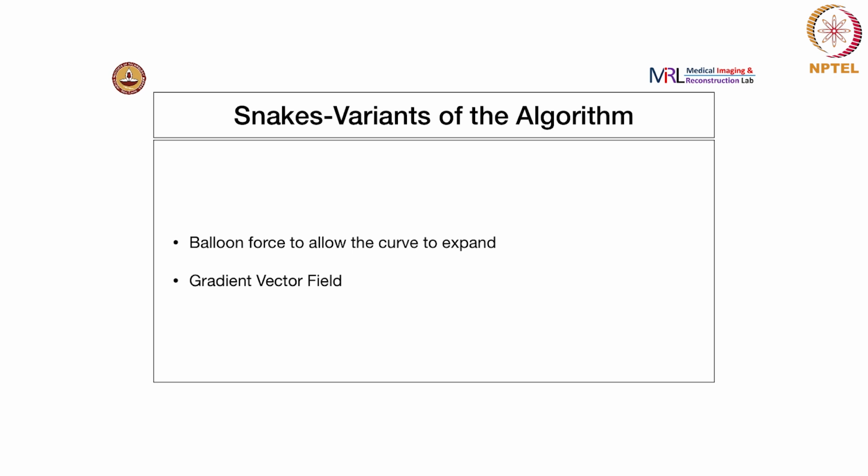So there's something called a gradient vector field, wherein you think of it as smoothing the gradients away from the edges. You have a very strong edge, but you can smooth it a bit so that the gradient values are dispersed around the object a little further than the boundary on either side. So that lets things converge smoothly.